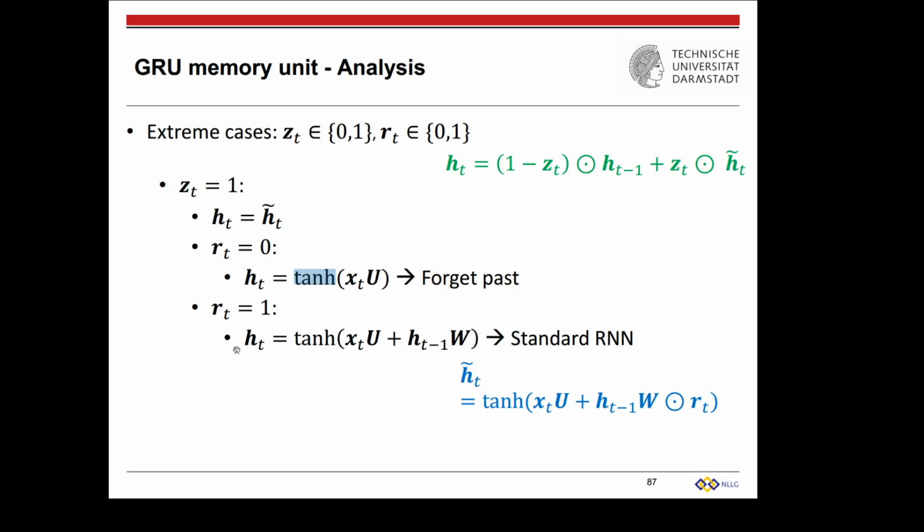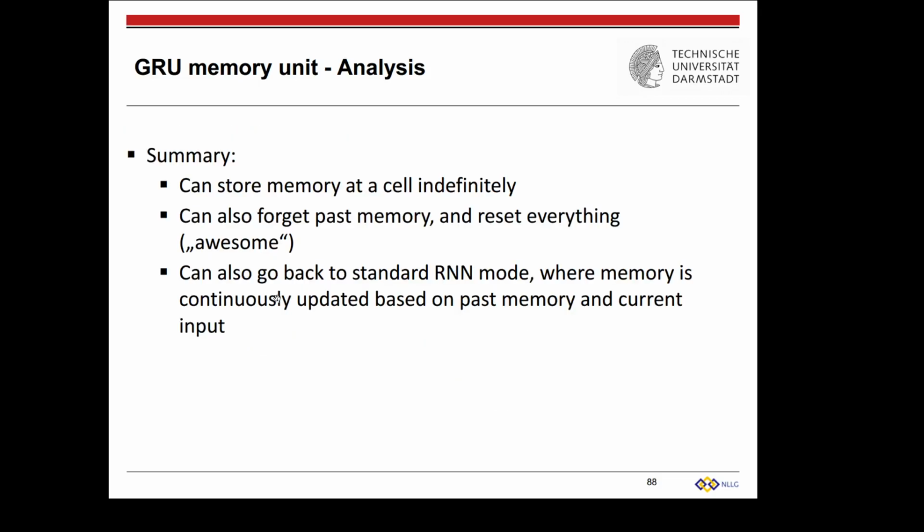And the other extreme case is r_t is 1. If r_t is 1, we're in the standard RNN, except that we have here a tanh function, which we could replace by anything else. So that is it. Actually, we have already discussed all of the extreme cases, and we have seen that these extreme cases can reproduce interesting patterns.